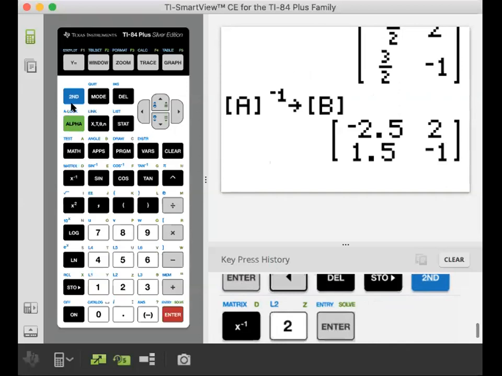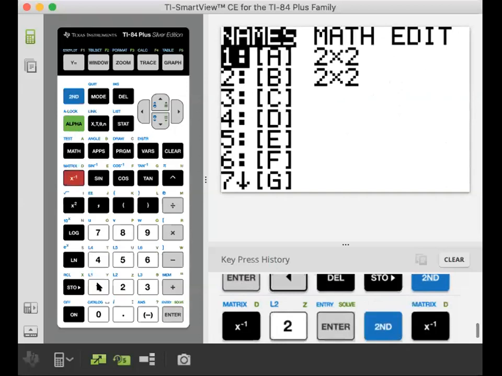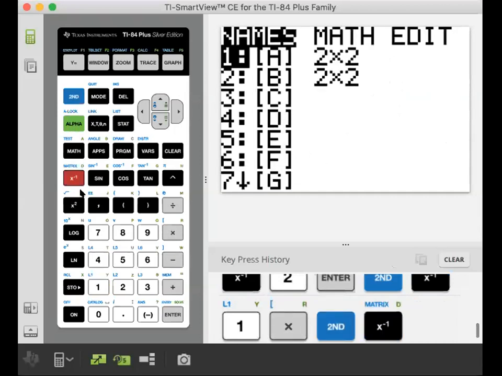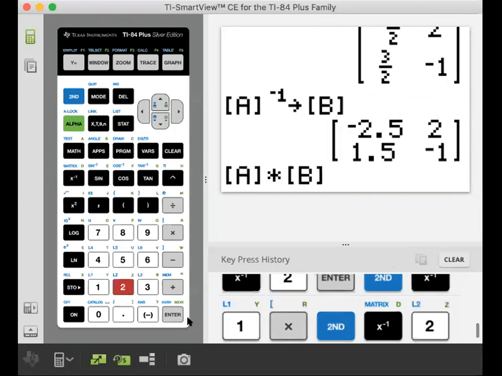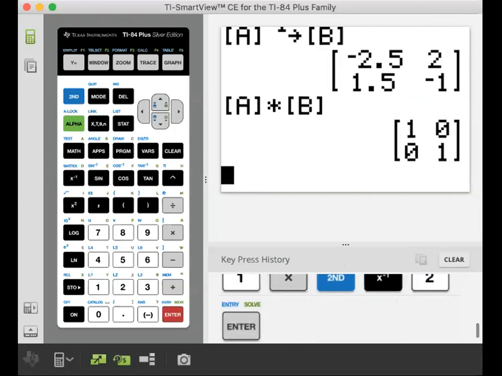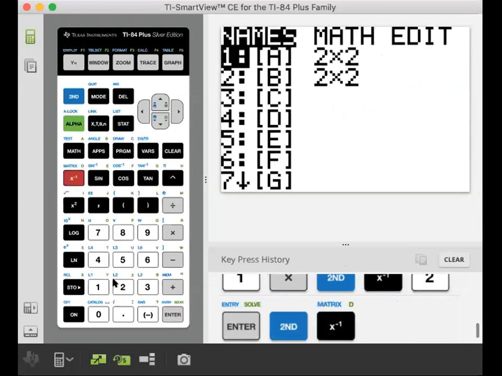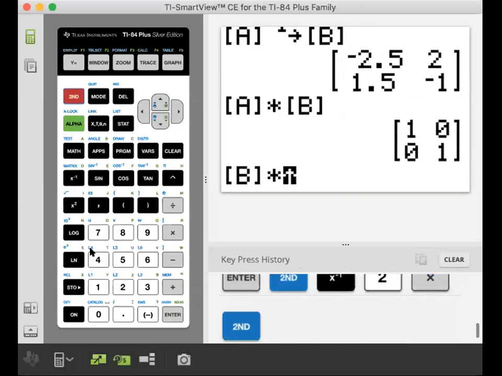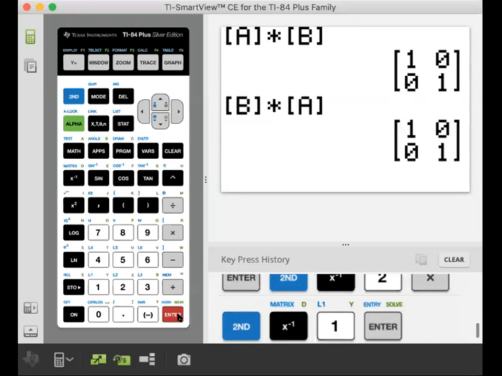And then you'll see that matrix A times matrix B, as we should expect, does get us the identity, just like 5 times 1/5 is 1. And it's also true, matrix B times matrix A is also 1, 0, 0, 1.